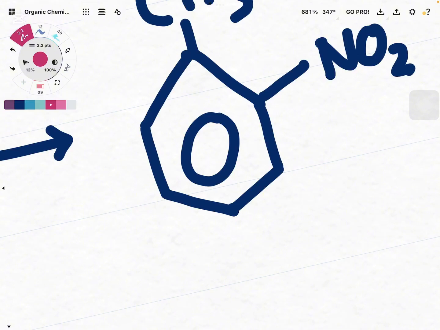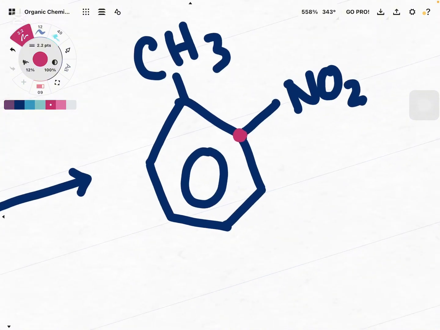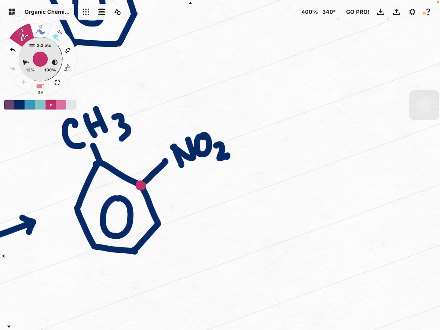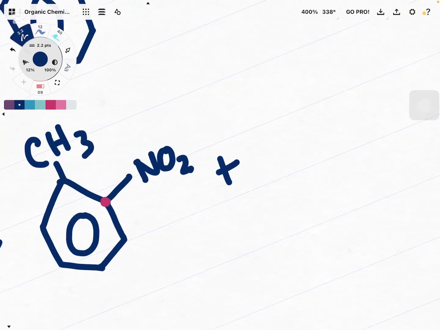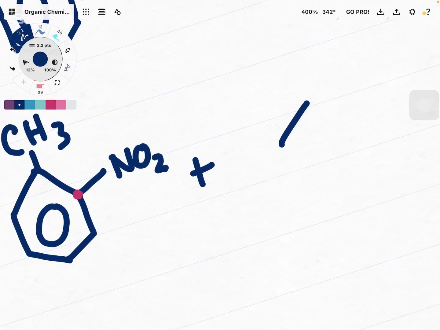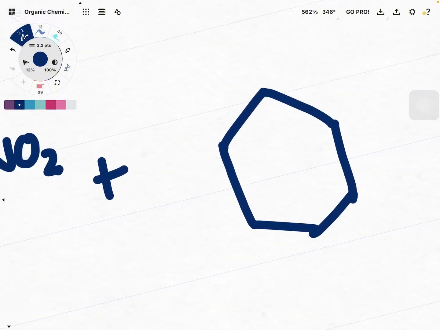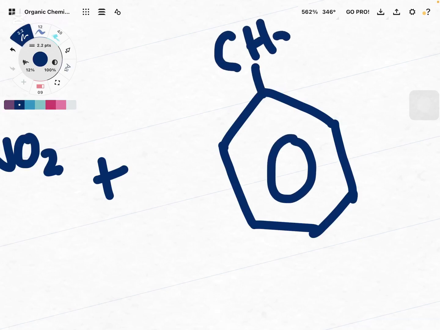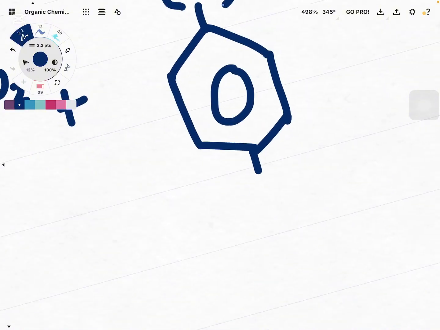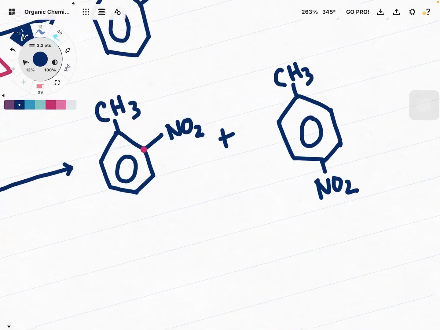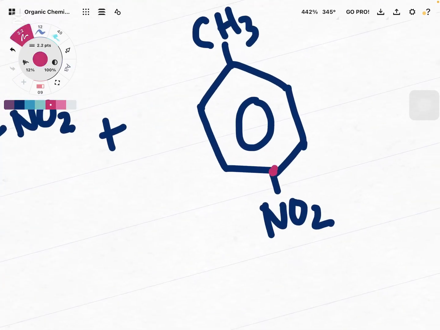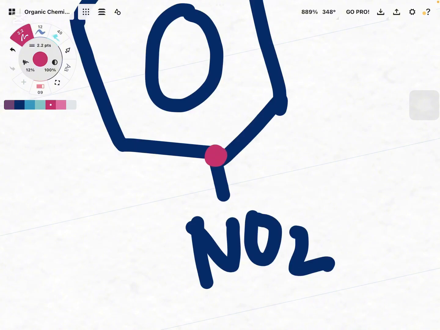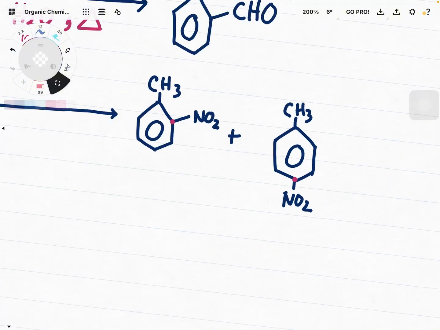So it is ortho nitrotoluene, and another will be made, which is para nitrotoluene.